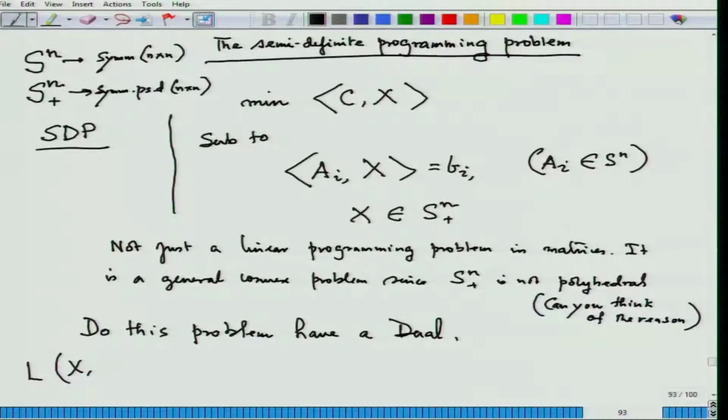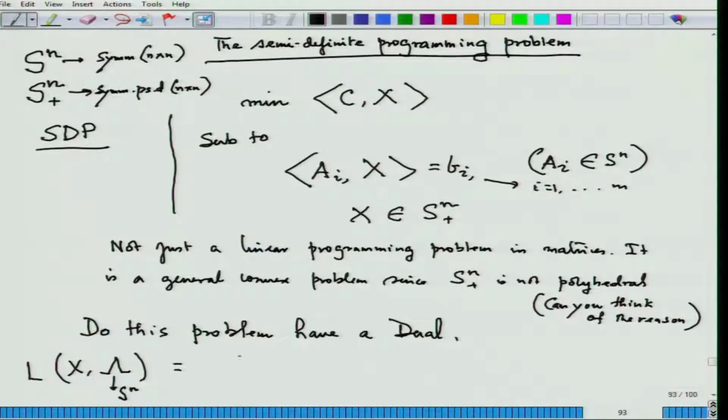So, I will do the following: x, where lambda is in Sn, i equal to 1 to m. So, this x, where the ai's are in Sn, so this is also in Sn.